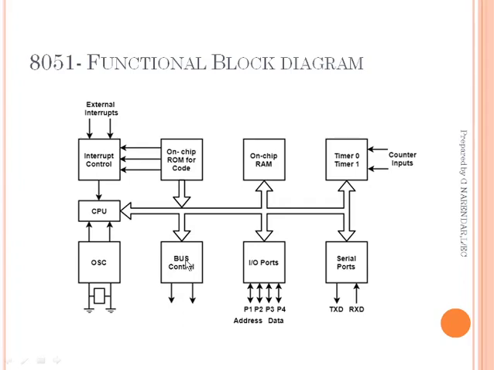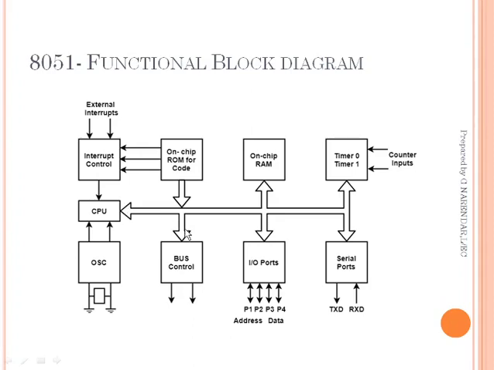What is a bus? You can see that the different functional blocks are connected by certain arrows, single arrows here and double arrows here. These arrows are the connecting or conducting paths between one circuit and another, or one functional block and another.